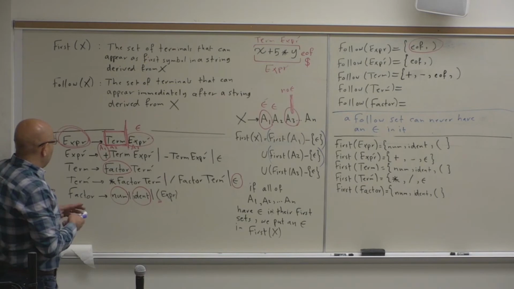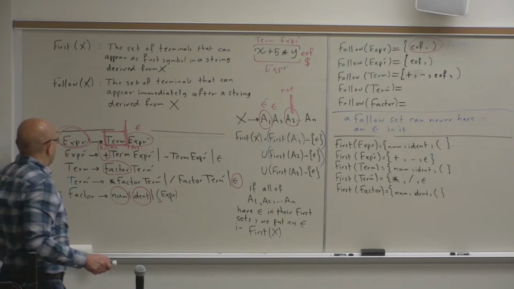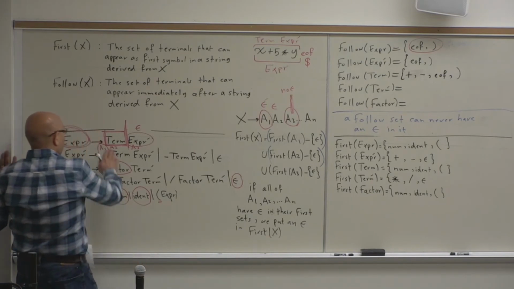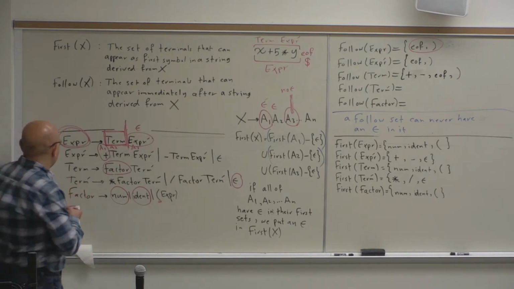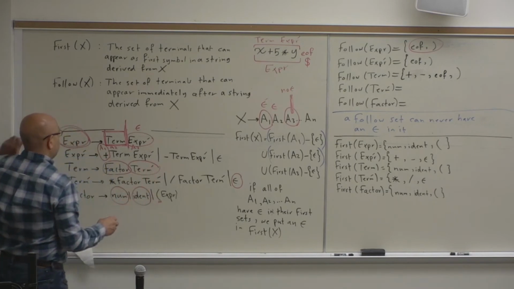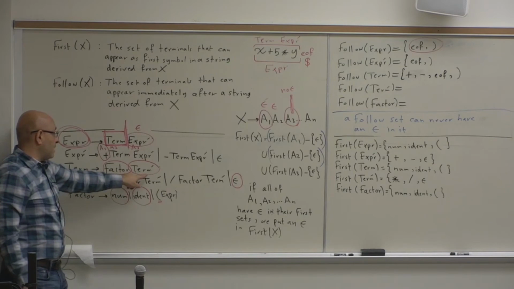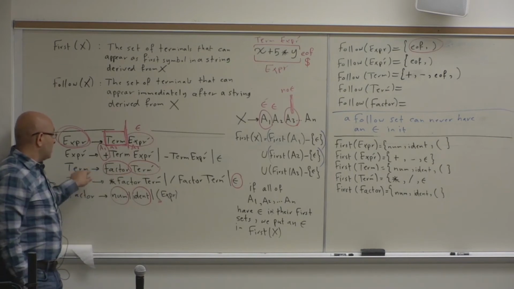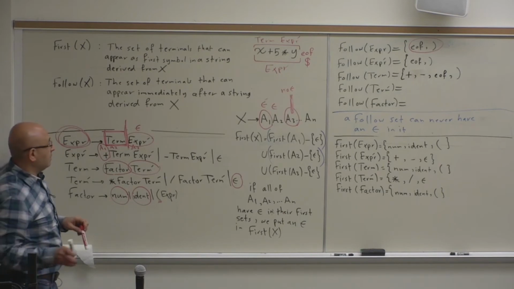Okay, now what about term prime? Term prime, we scan for it on the right hand side. So this is term prime. What should I put in the follow set of term prime here? The follow set of term, because term prime is the last piece in a term. So I put the follow set of term in the follow set of term prime.